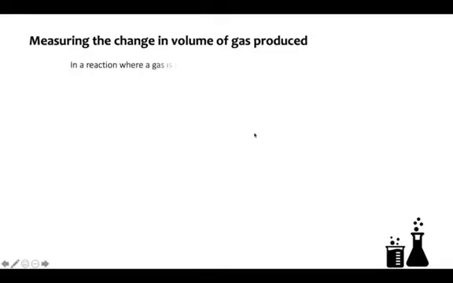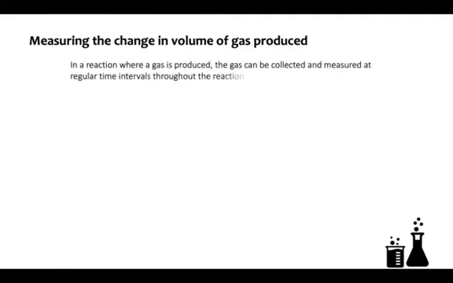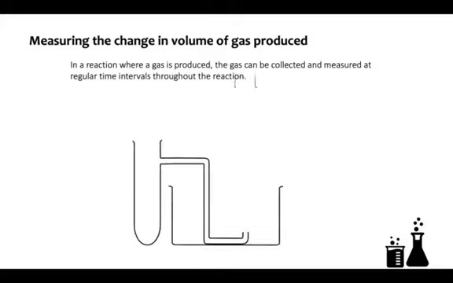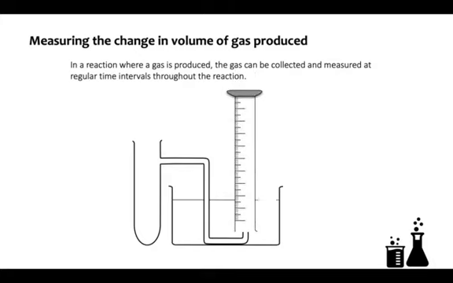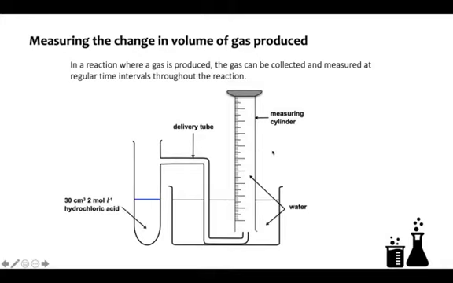So example number one then is measuring the change in volume of gas produced. So in a reaction where a gas is produced, if a gas can be collected and measured at regular time intervals, okay, and we've got a setup here where we have a measuring cylinder, and we're collecting the gas in here that's going to be made from our reaction.